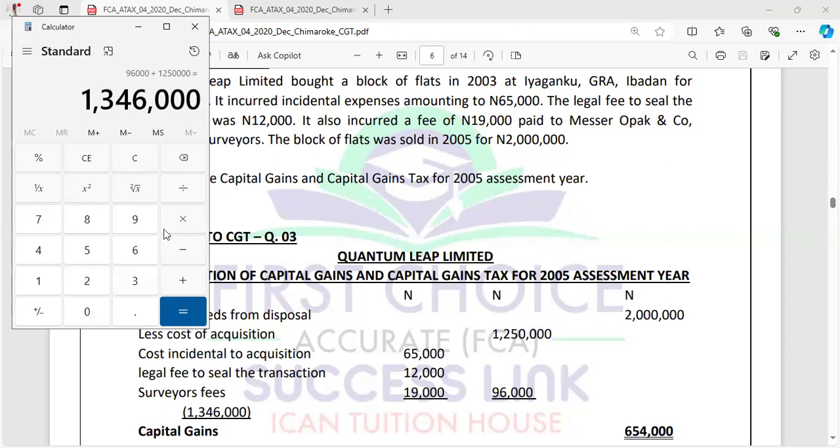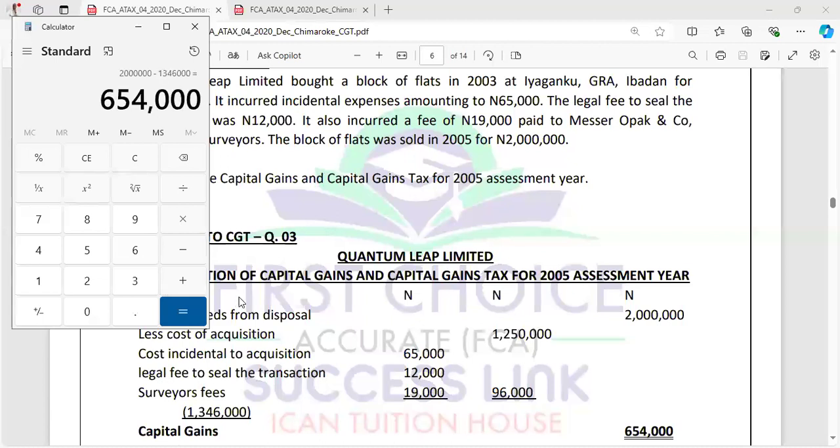If we take them away from 2 million, 2 million minus 1,346,000, we have 654,000.